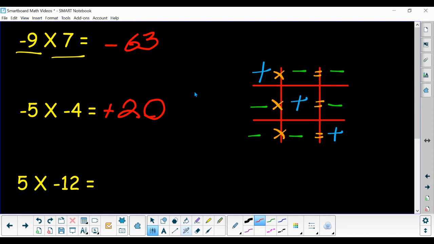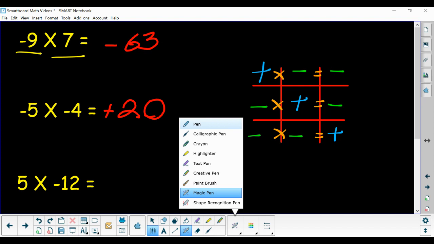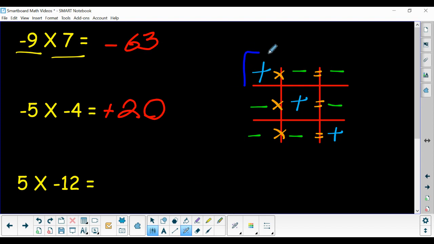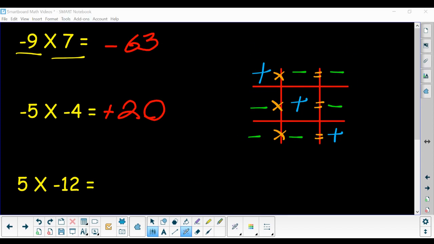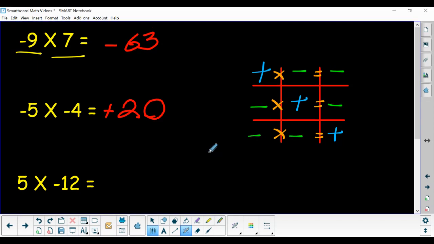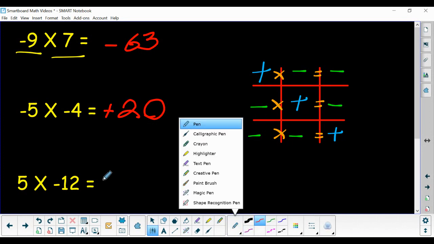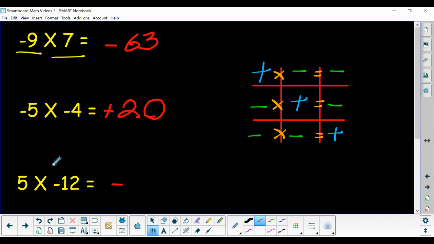So we go back to our table over here and we look for where we see a positive followed by a negative, which is right there. This tells us if you multiply a positive by a negative, you end up with a negative answer. So positive times negative gives me negative. 5 times negative 12 gives me negative 60.